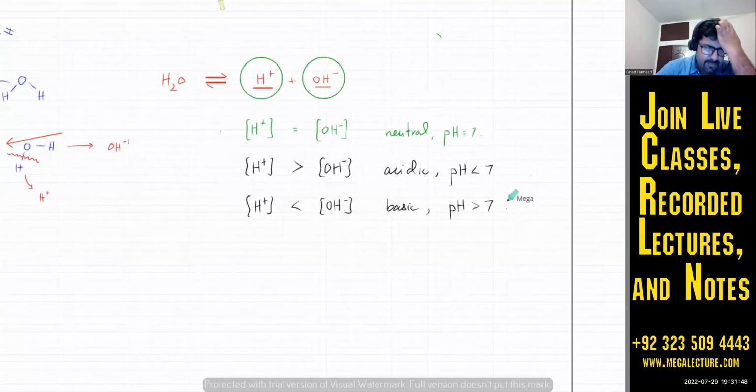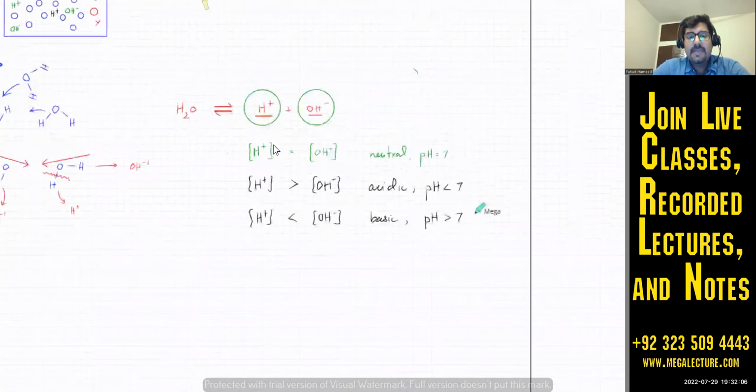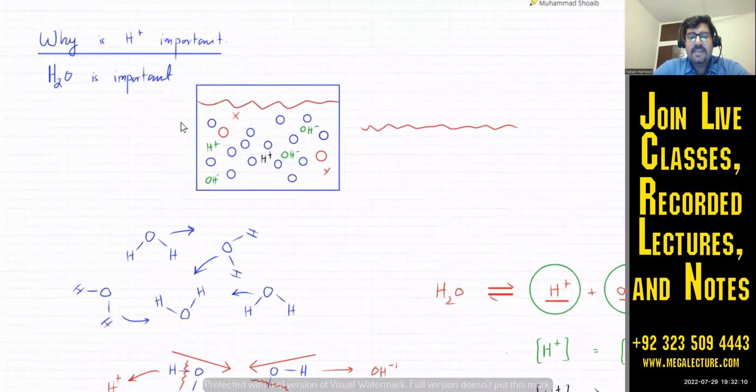Just remember the concept: what is neutral, what is acidic, what is basic, and why are H plus ions important. H plus ions are important because you have to track H plus ions, because all reactions on planet Earth depend on this. They depend on the type of water you have. मेरे सेल में जो भी रिएक्शन हो रहा है ना, that reaction is happening inside a solution, and that solution will have a certain pH.